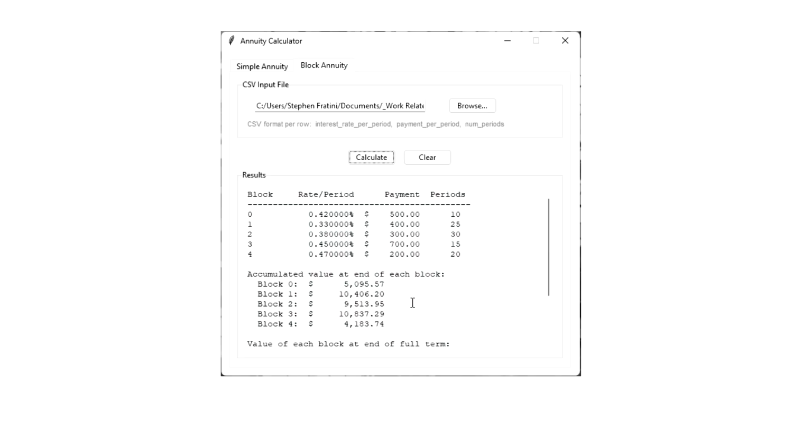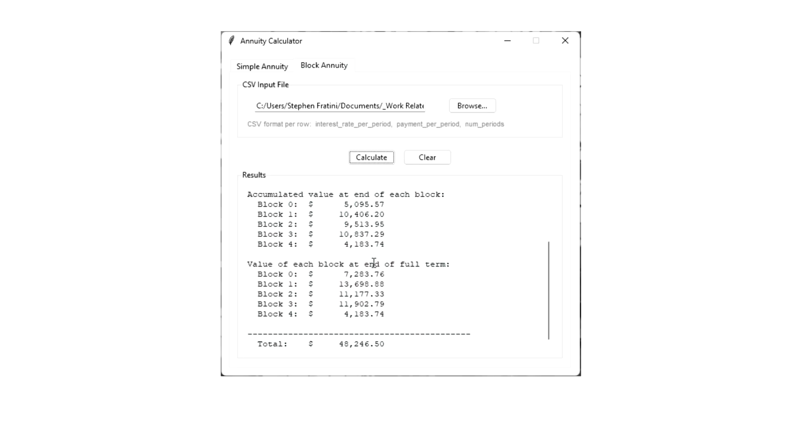But this isn't the final amount, because after block 0 is done, this amount of money still earns interest while these other 4 blocks are executing. And the second one here earns interest while these next 3 blocks are in the process, and so forth. The only one that doesn't accrue additional interest is the last one, since you don't have any further blocks after that.